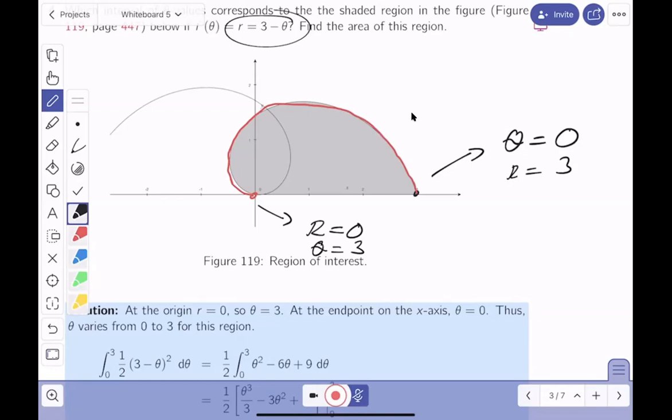All right. So I'm going to say this sweep out of that area problem occurs between theta 0 and 3. All right. Now what do I do? 1/2 r squared is going to be 3 minus theta, d theta. All right. And let's get the area.